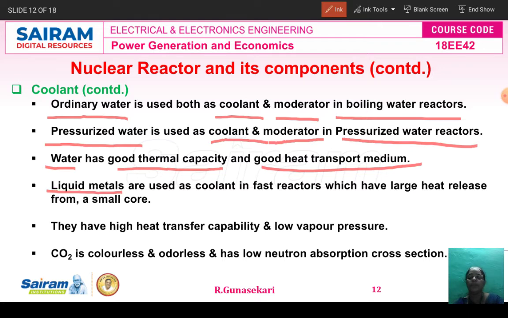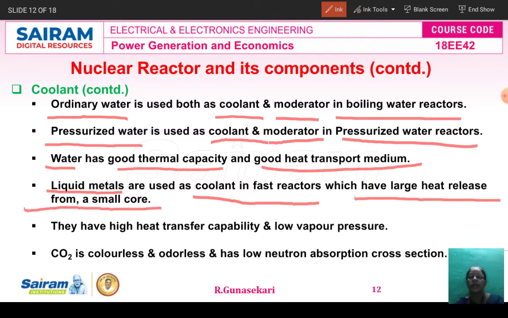Liquid metals are used as a coolant in fast reactors. The fast reactor is one of the examples of fast breeder reactors, which are one of the classifications of the power reactors in use. These reactors have large heat release from a small core.